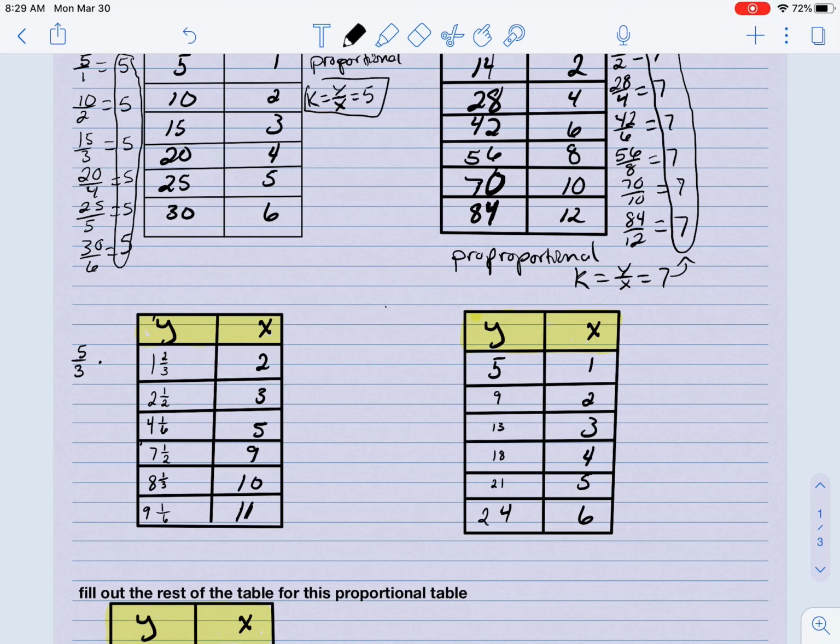Divided by 2 is the same as multiplying by 1/2. That's going to give us 5 over 6. Okay, 2 times 2 is 4, plus 1 is 5, so 5 over 2 times 1/3 equals 5 over 6.